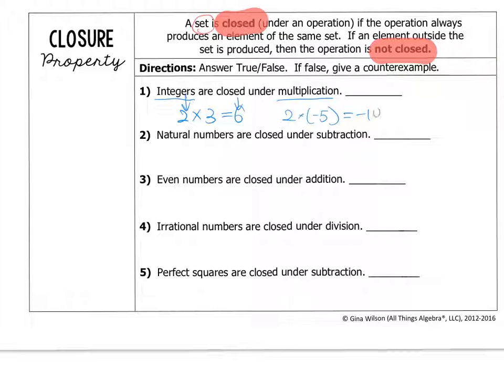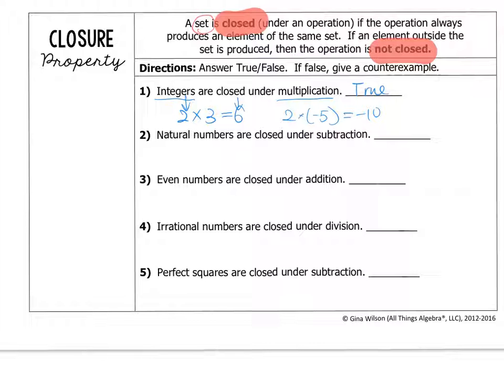I have negative 10. I still have integers. So that means whatever operations I'm doing, one of the 4 operations, I'm always having integers. So in this case, this is a closed operation. I'm sorry, a closed set. So this is true, right? We're asked to answer true or false.